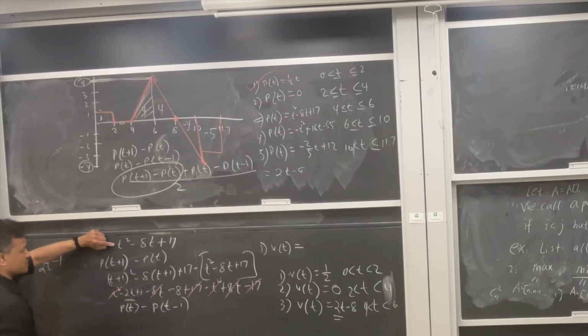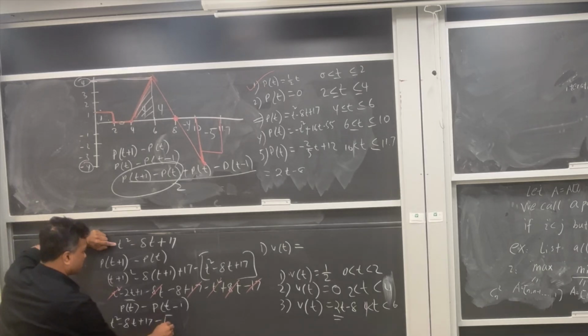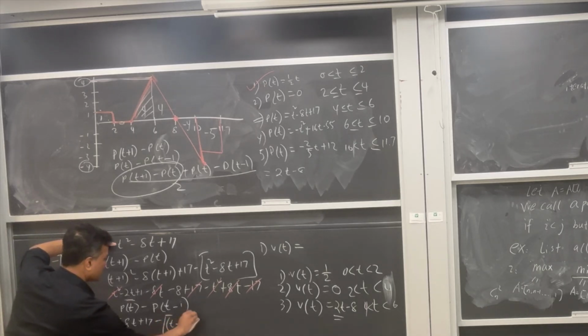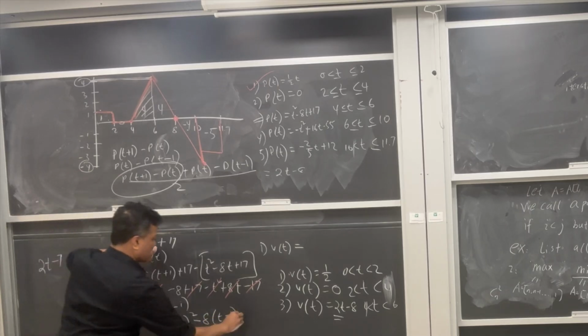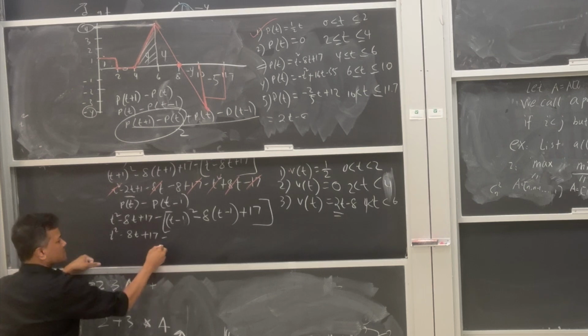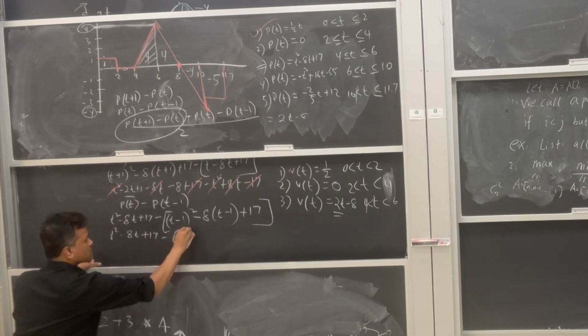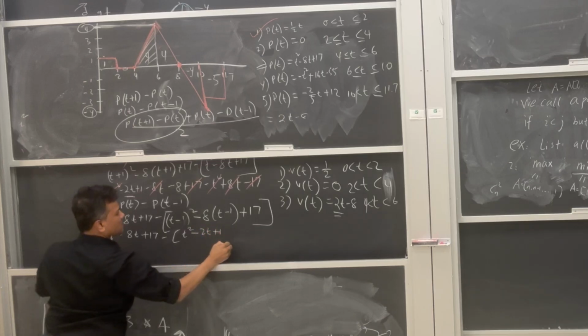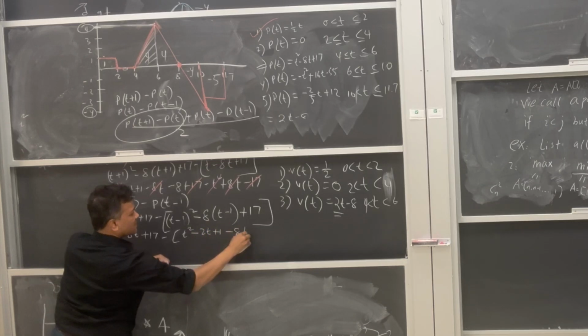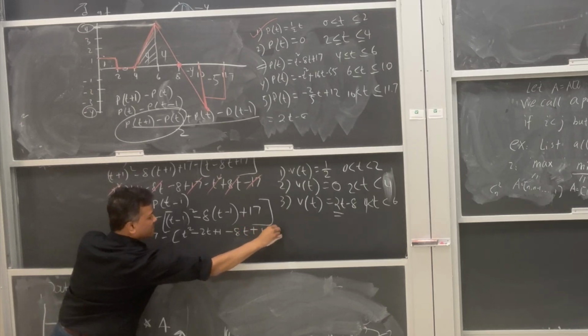So here is your equation: t squared minus 8t plus 17, minus, don't forget that, t minus 1 squared minus 8 times t minus 1 plus 17. So this is t squared minus 2t plus 1 minus 8t plus 8 plus 17.